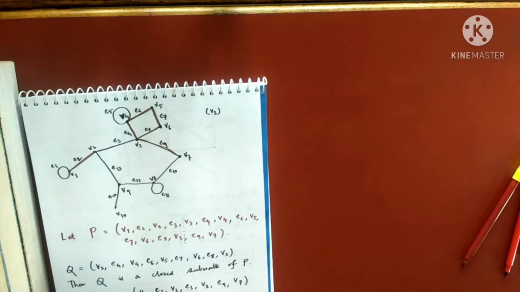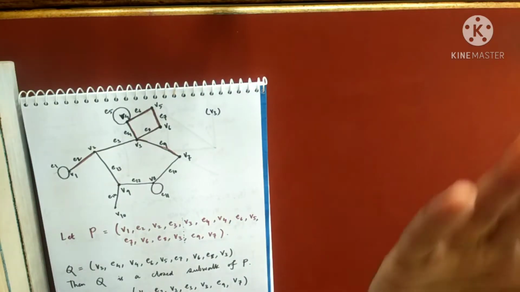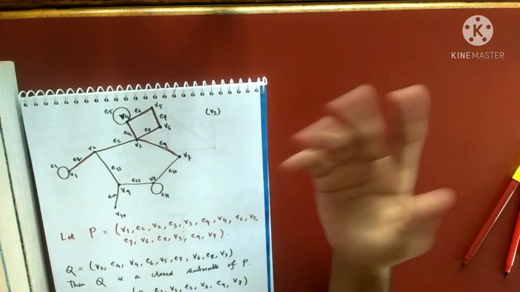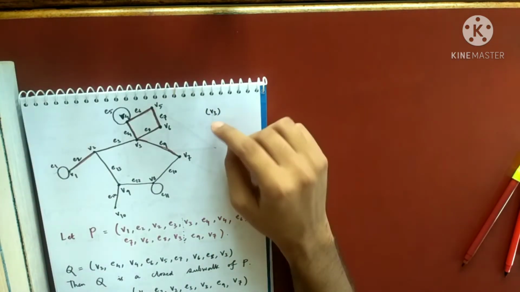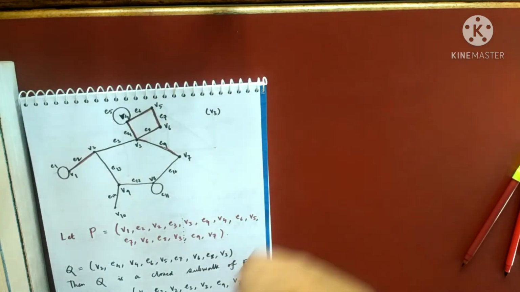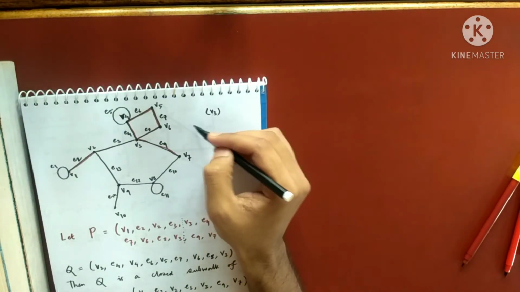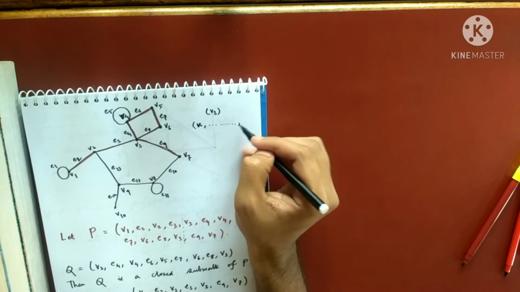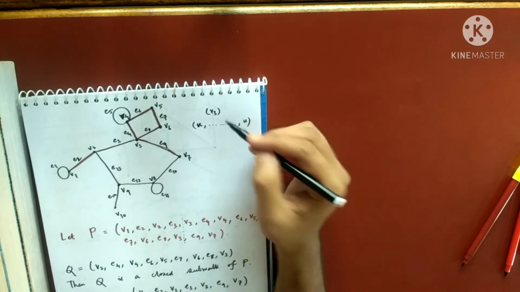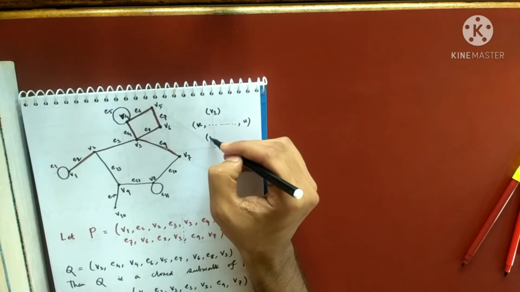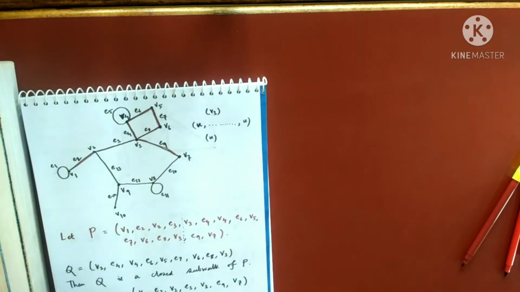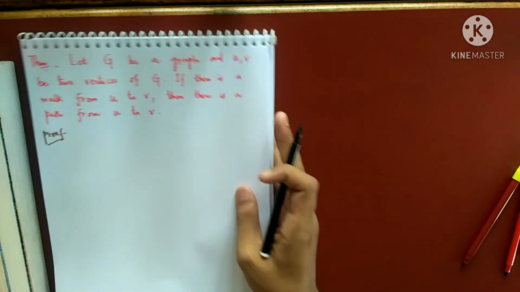This is a path from V3 to V3. Because I have already said, this is a trivial walk or a trivial path or a trivial tree when it has got no edges at all. So whenever I have a closed walk, like suppose I have from some vertex U, edges, vertices and so on, we end at U. What we do? This is simply a path from U to U. It can be reduced like this. So this is the first case I am talking about.